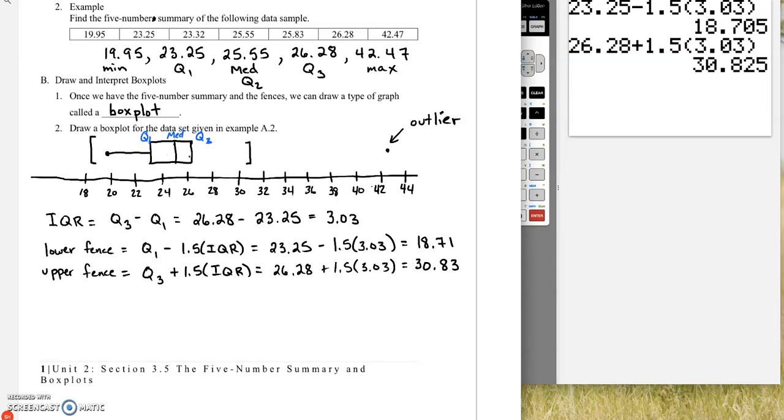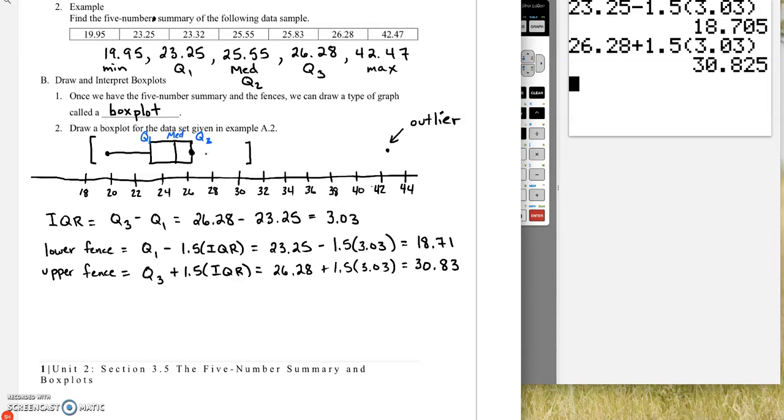We also need to put a data value that is the largest data value that is smaller than the upper fence. So 26.28 is our largest data value that is smaller than the upper fence, and it just happens to be Q3.